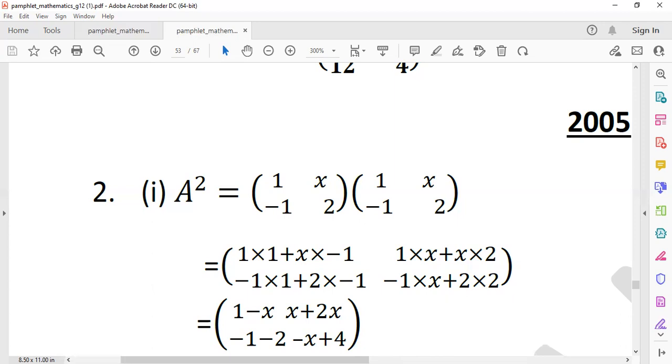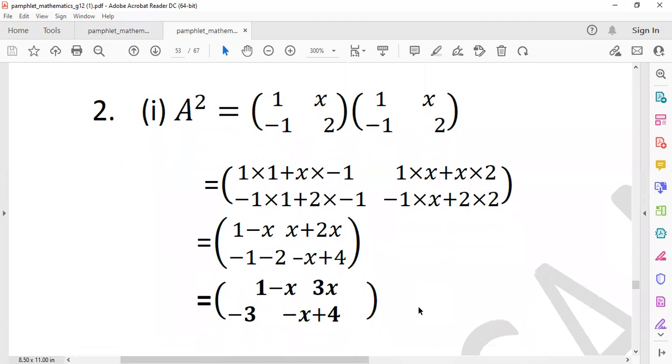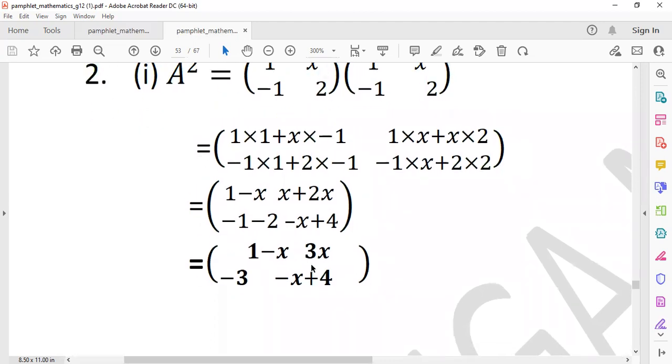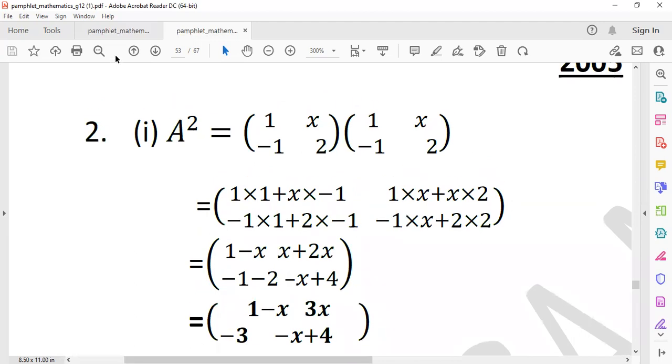Then 2 by 2, that's a 4. Simplifying further, 1 minus x, then negative 1 minus 2, that's negative 3. x plus 2x, that's 3x. Then negative x plus 4. So this is the answer for this one. It's just multiplication of matrices.